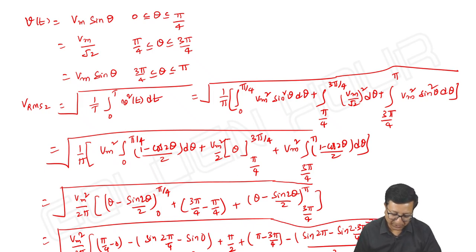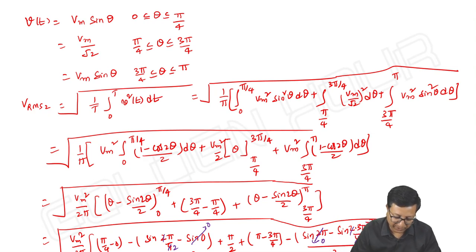So further, what we can write here, let me change the color. Sine pi by 2 is 1, sine 0 is 0. Again sine 2 pi is 0. Sine 3 pi by 2 is minus 1, minus of minus becomes plus 1. Okay, so let me do the calculations in the next step.